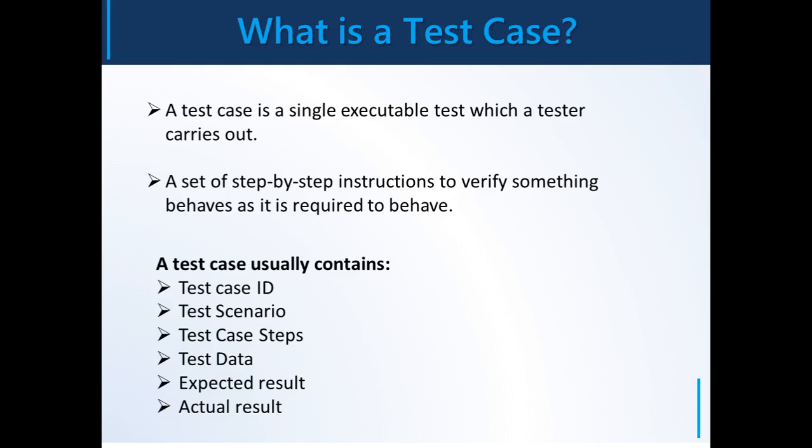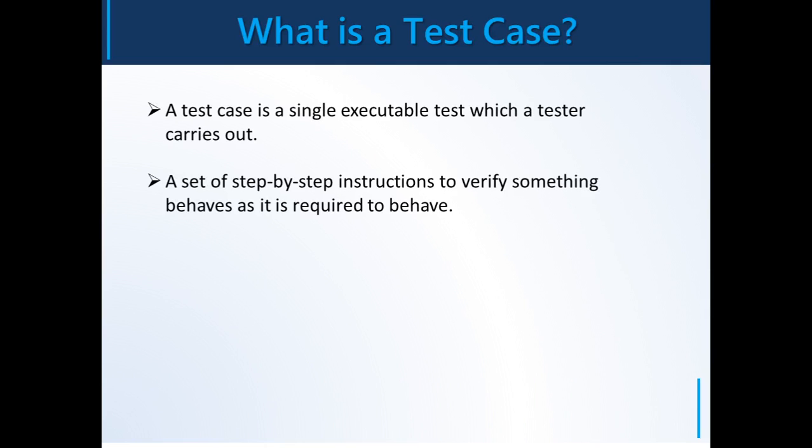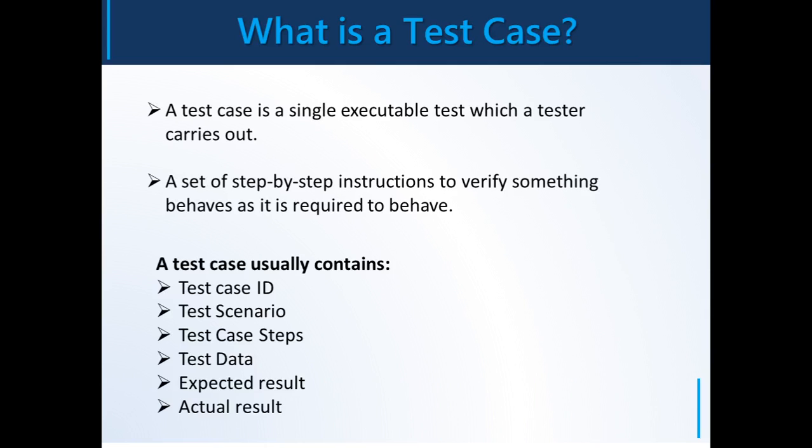So what will the test case contain? The test case id, test scenario, the test case steps, the test data, the expected results, and the actual results. The test case id is a unique id; each of the steps you will be able to identify using it.